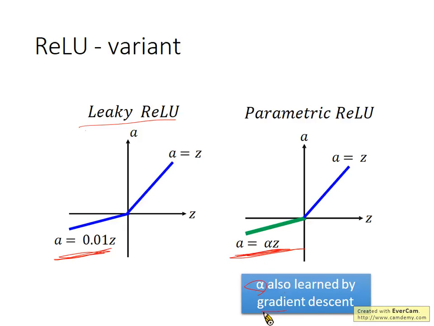Alpha can also be learned by gradient descent, so we can adaptively adjust the parameter alpha to construct the activation function. So this is called parametric ReLU.